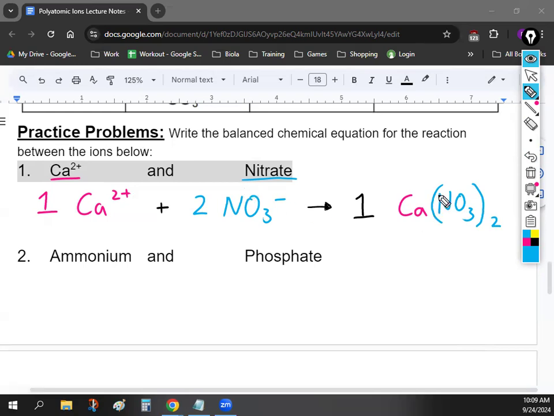If we need multiple of a polyatomic, you just put it in parentheses, and you put however many you need right behind it. But if you notice, this NO3 section, nitrate, stays exactly the way it is. We don't change anything about this formula. We just copy it exactly the way it is, put it in parentheses, and put a 2 behind it.